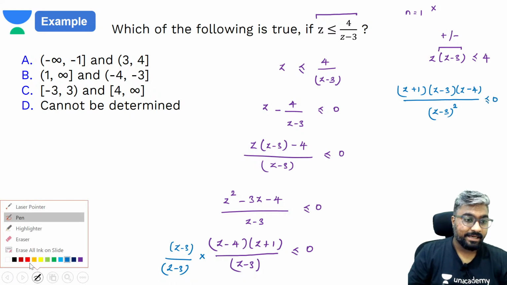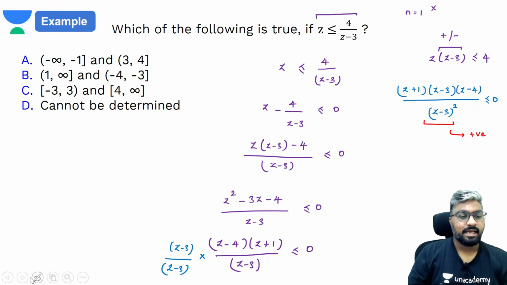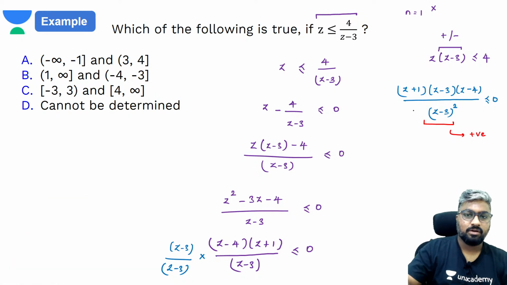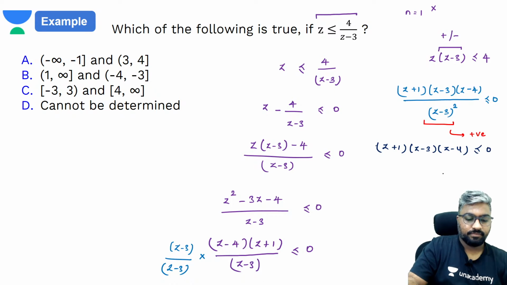Now it is clear that z minus 3 whole square is always positive. Yes, so now you can take it to the other side. 0 into z minus 3 the whole square will be 0. So on the LHS what will you have? Z plus 1 into z minus 3 into z minus 4 is less than equal to 0.